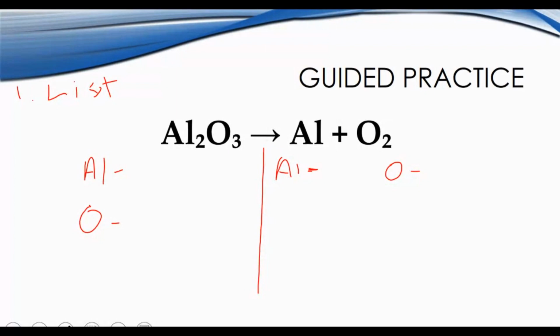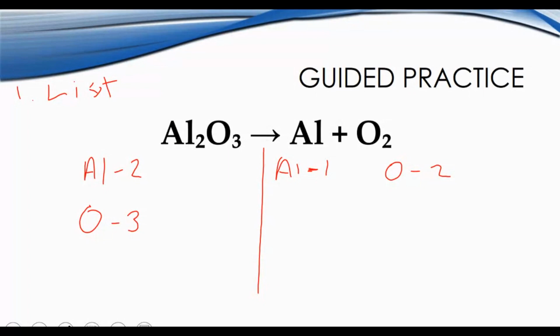Now, we know that the subscript is going to tell us how many of each element there are. So that aluminum says 2. So there's 2 aluminums. There's an oxygen, and it tells me that there's a total of 3. So all I'm making in the list is how many I see, okay? So on the product side, there is 1 aluminum and 2 oxygens.